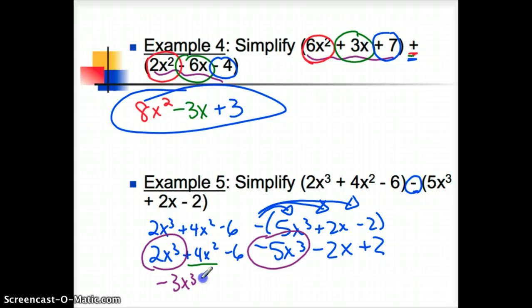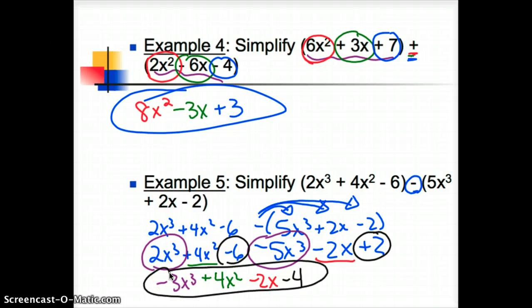So I'm going to write plus 4x squared. And then it looks like this negative 2x, that's just by itself, so I'm going to write a minus 2x. But this minus 6 and this plus 2, they go together, and I've got a negative 4 or minus 4. So that's it. And I could say, hey, that's a cubic polynomial of 4 terms if I wanted.